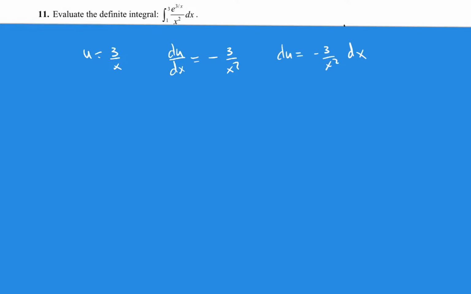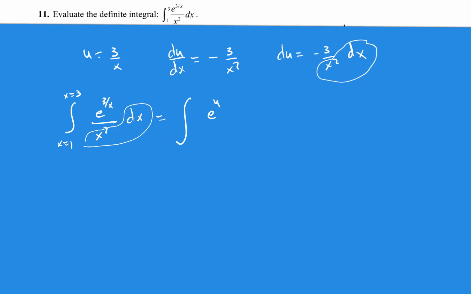So let's write the integral. The integral from x equals 1 to x equals 3 of e raised to the power 3 divided by x, divided by x squared dx, this is the integral of e to the u. Now, x squared times dx is here.